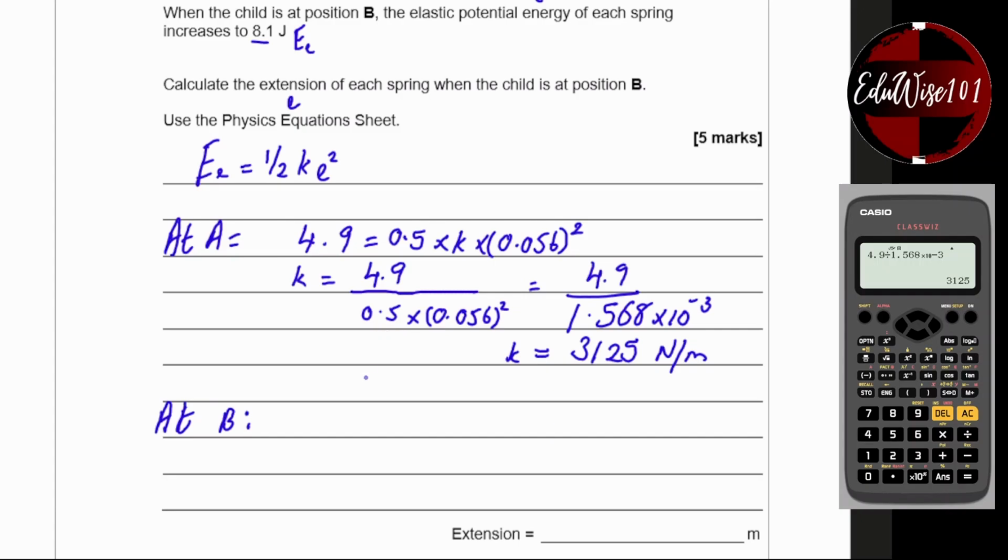So 8.1 equals 0.5 for the half multiplied by the spring constant, 3,125, multiplied by this extension squared. So the extension would be the square root of 8.1 divided by 0.5 times 3,125.